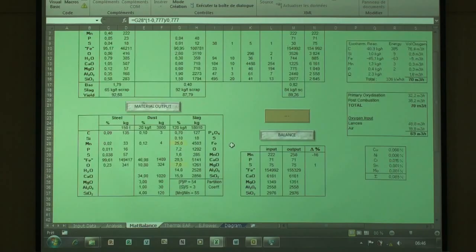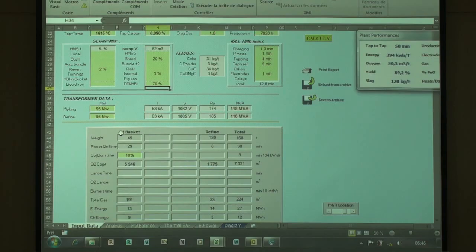So let's concentrate now on the material balance itself. The carbon, this is the steel analysis. The carbon content of the steel is given by the input. This is my target carbon here.